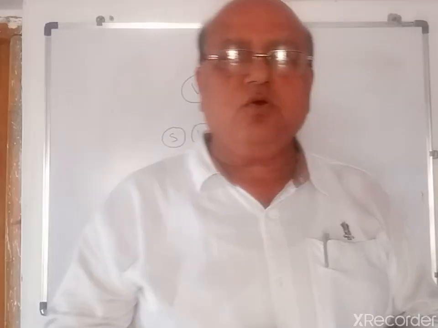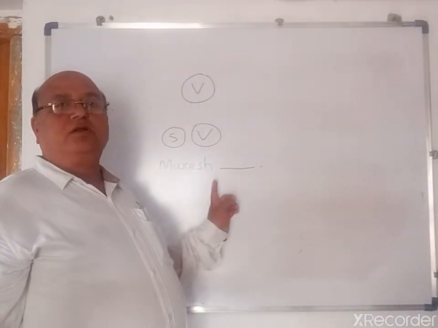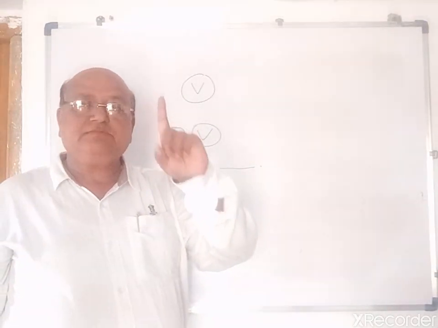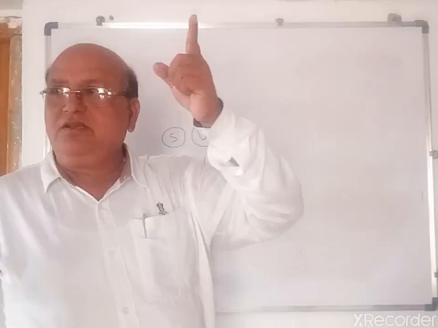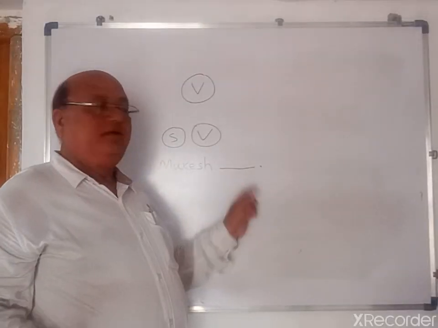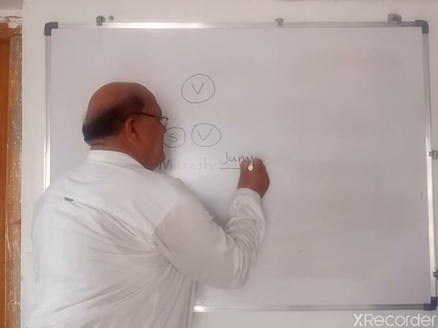Then where do I go? What should I look for? Two word sentence meaning SV. SV button meaning where to go? Remember, state, action, event. Very good. We have to go to the action verb. Then we can write Mukesh jump. Am I clear?